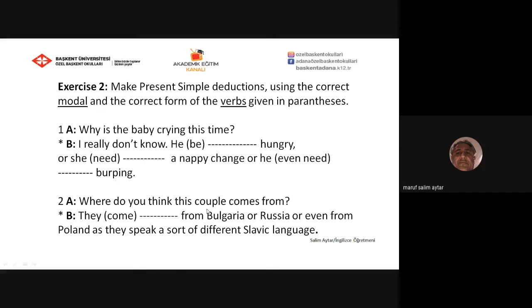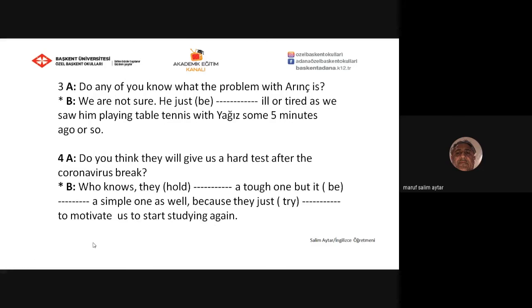Where do you think this couple comes from? From Bulgaria, Russia, or even from Poland? Is that the point? Number 3. Do any of you know what the problem with orange is? Please look for a clue or for some clues.